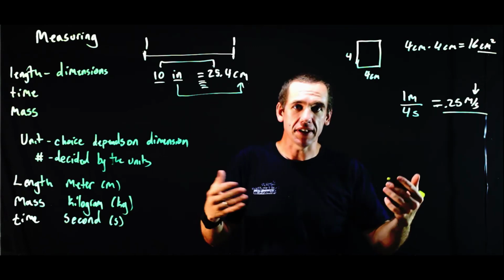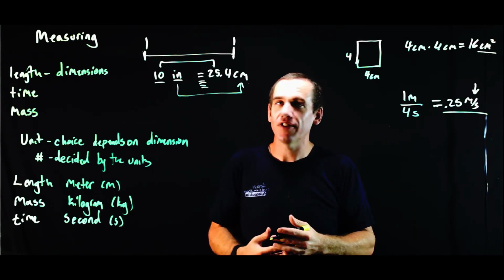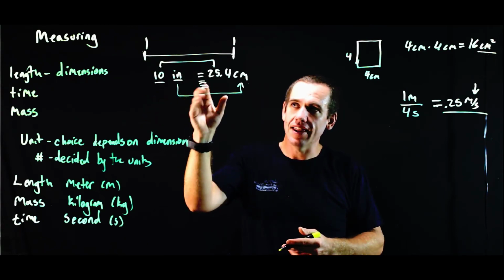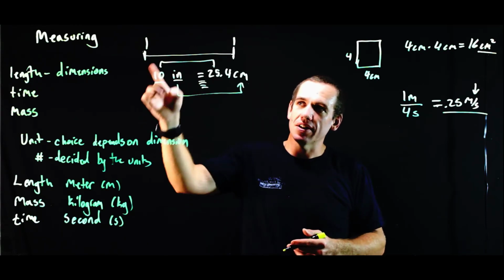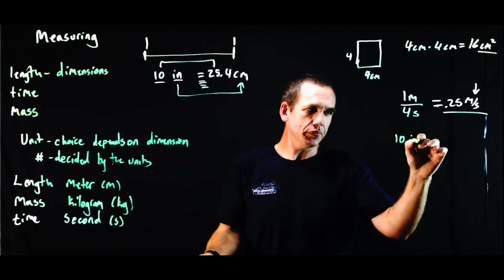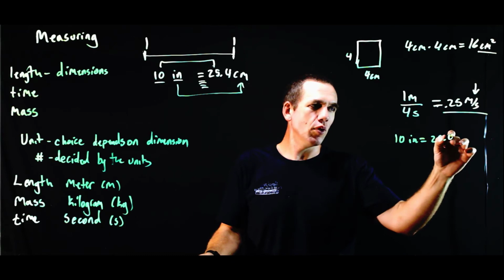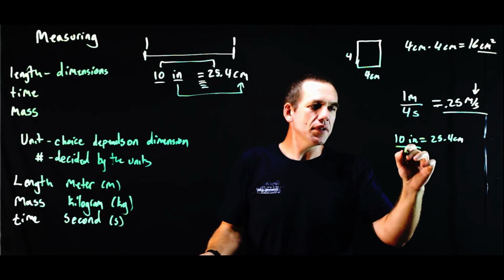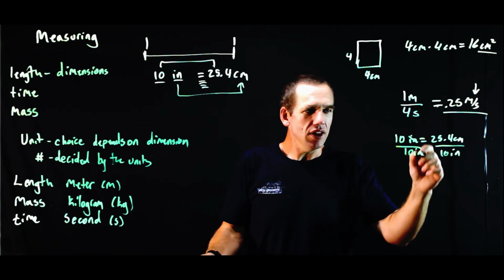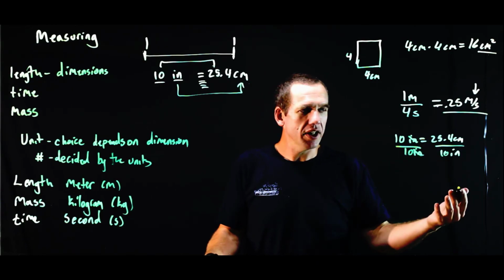So that's a velocity. And so we will have derived units, and we will have base units, and we will have unit conversions. And the trick to any unit conversion is figuring out this relationship between the two units. And then, because they're describing the same thing, because, say, 10 inches equals 25.4 centimeters, we can divide both sides by 10 inches, and we treat those units as though they're algebraic quantities, so they cancel out.